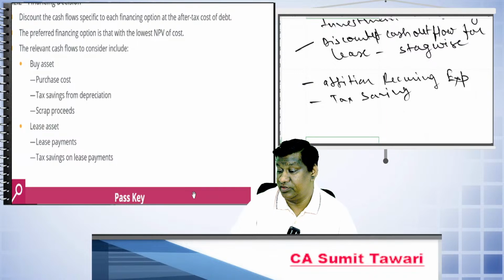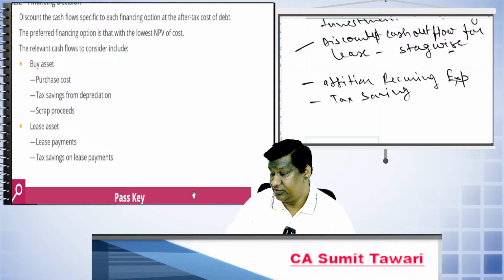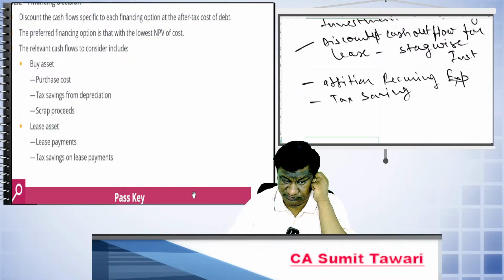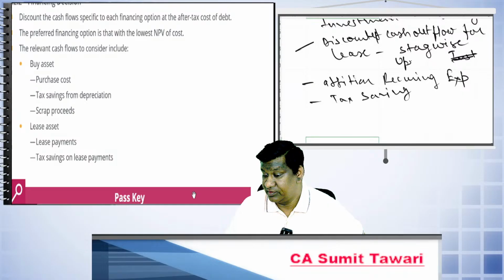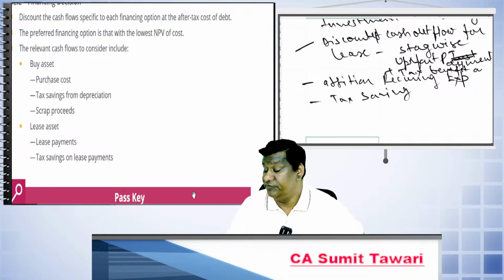It is not installment and interest payment, that is for banking maybe, but for investment it is basically the upfront payment plus tax benefit on depreciation. We are not calculating the income. And for the lease we are calculating the recurring lease payment plus tax saving.